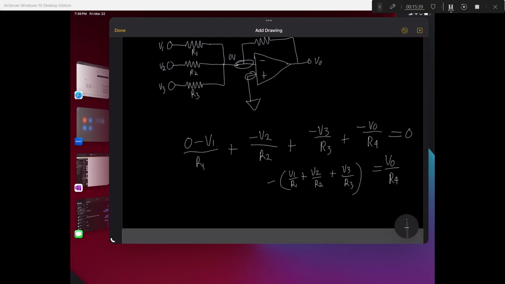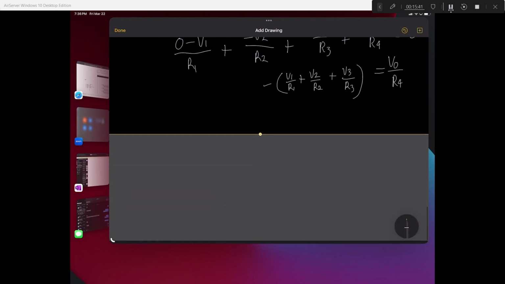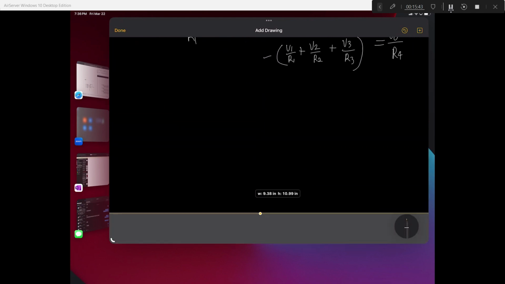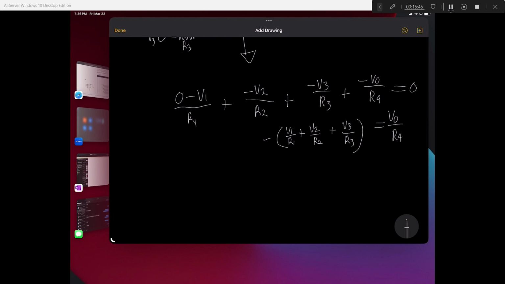Okay, let's expand that a little. Now let's multiply R4 over. So we have negative R4 times V1 over R1 plus V2 over R2 plus V3 over R3 is equal to V out.